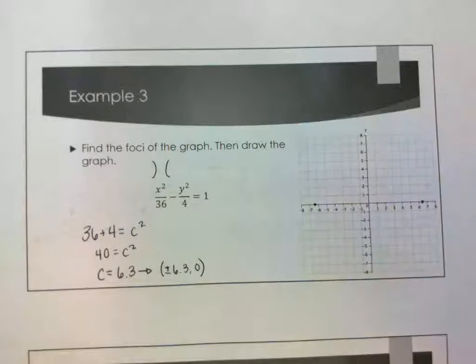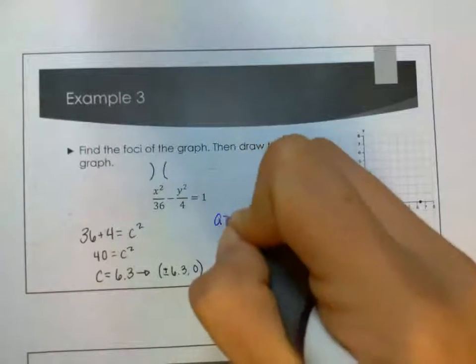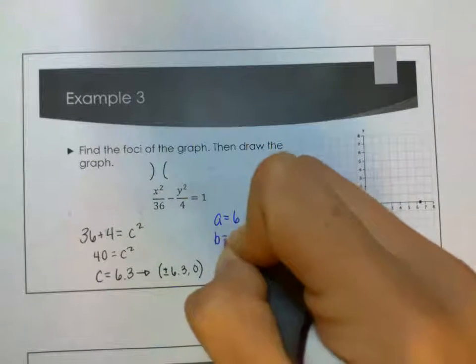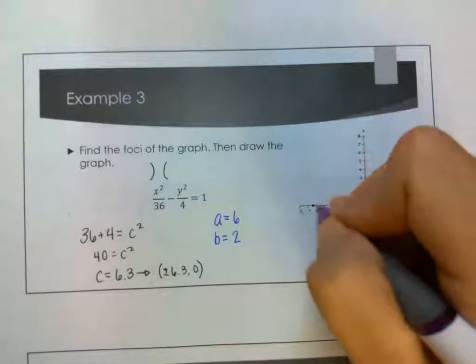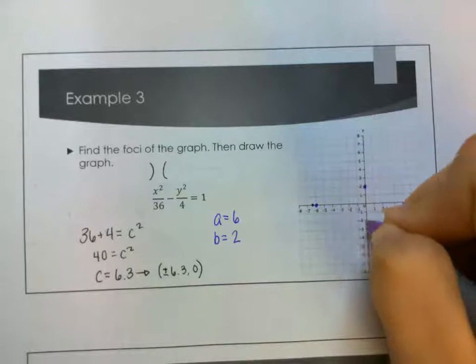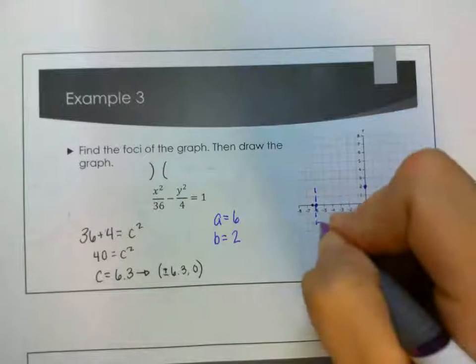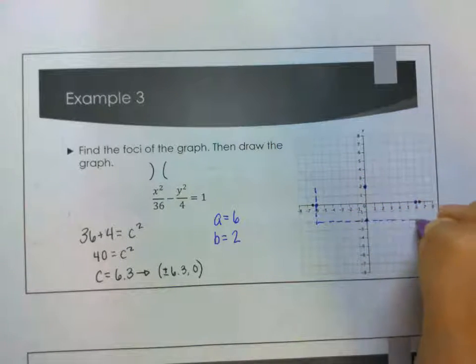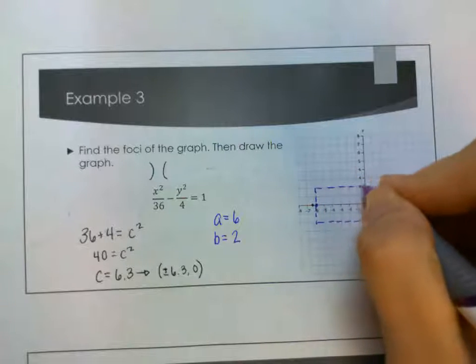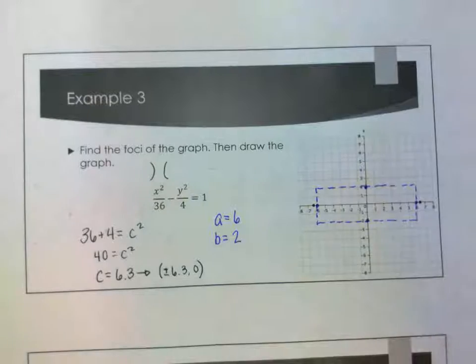So now, help me out. I need a and b values. What am I going to get for this one? I'm going to get a equals 6, b equals 2, and I'm going to put those points here and here. There we go.